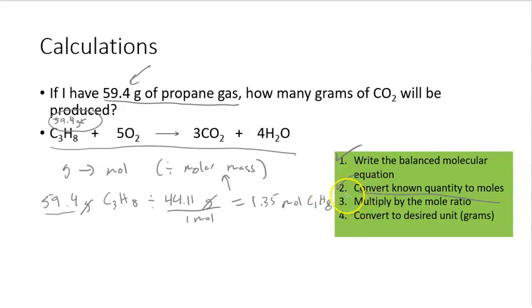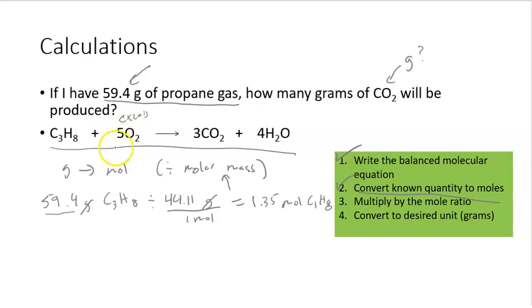Now we're trying to predict the grams of CO2 that are produced in this reaction. So we're making one important assumption here that might become important later on, but the assumption is we have excess or plenty of the oxygen. So we're not going to worry about how much oxygen we have.